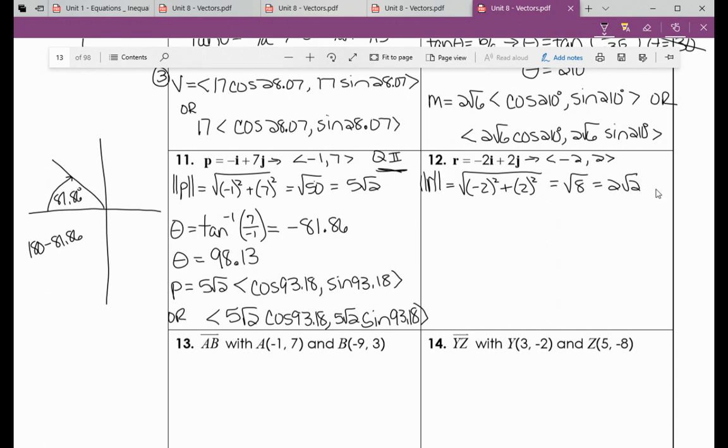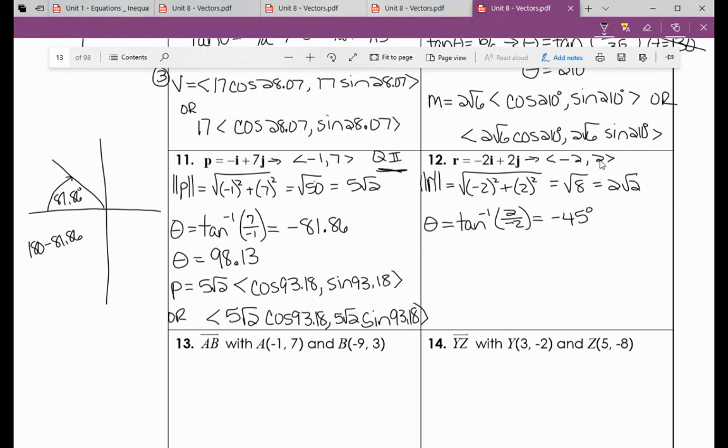Then I need to find the inverse tangent of b over a, so 2 over -2. Basically you're finding the angle that goes with inverse tangent of -1. So inverse tangent of -1 is a -45-degree angle.